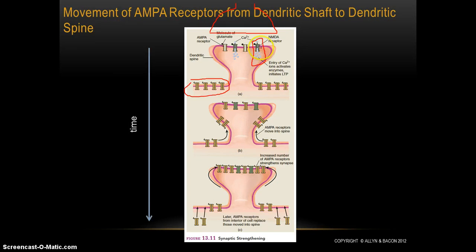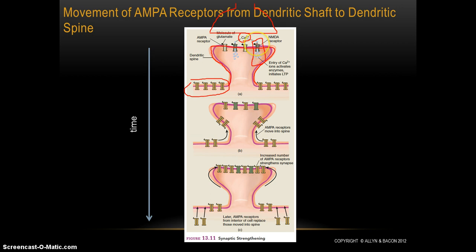As you remember, we said that two things have to happen for an NMDA receptor to open up. For one thing, an NMDA receptor controls a calcium channel, so it allows calcium, Ca2+ here, to come flooding inside of the cell. But two things have to happen for it to open. The postsynaptic membrane needs to be depolarized, which basically means the postsynaptic neuron needs to generate an action potential.